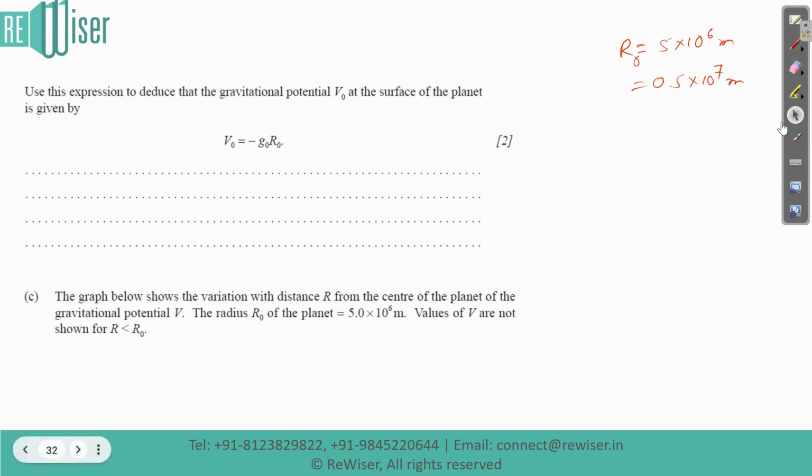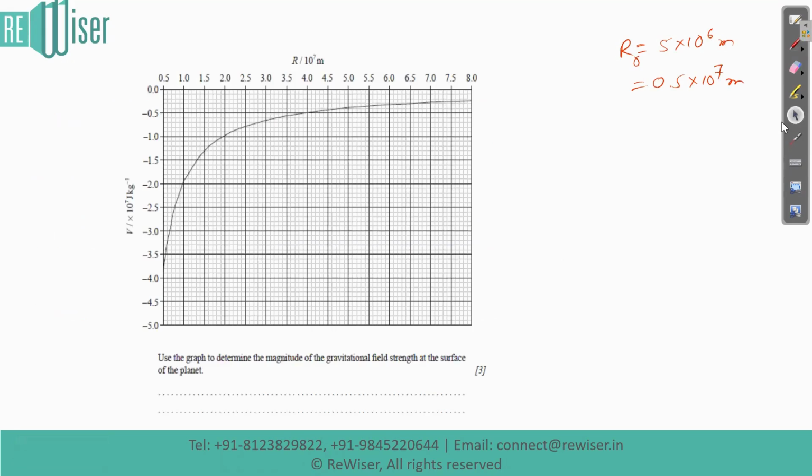Now let us go to the graph. So 0.5 into 10 to the power 7 meters is here. So this is the surface. See, radius of the planet means at the end at 0.5 into 10 to the power 7 meters or 5 into 10 to the power 6 meters, R0.